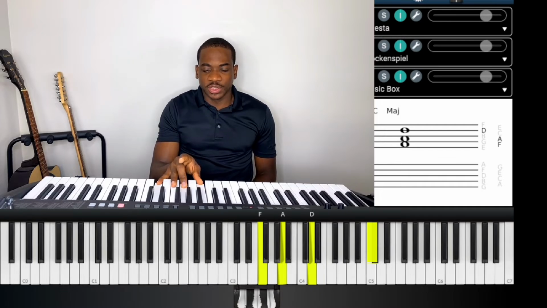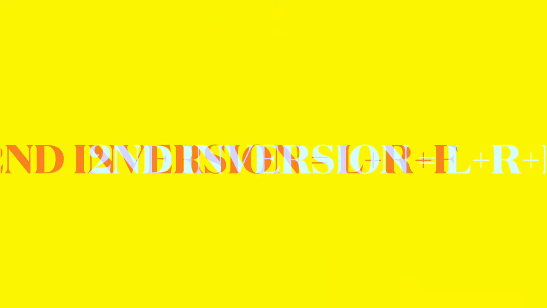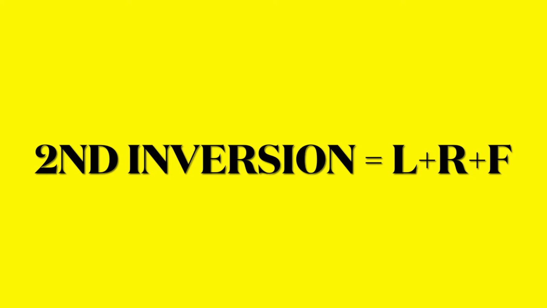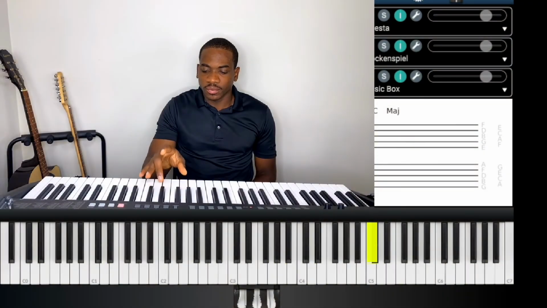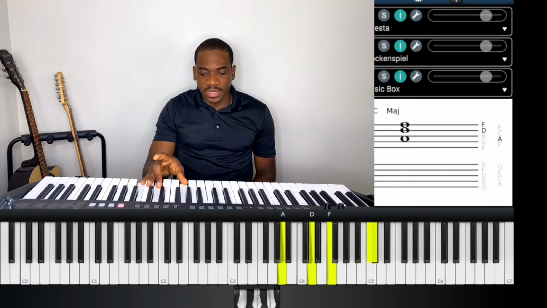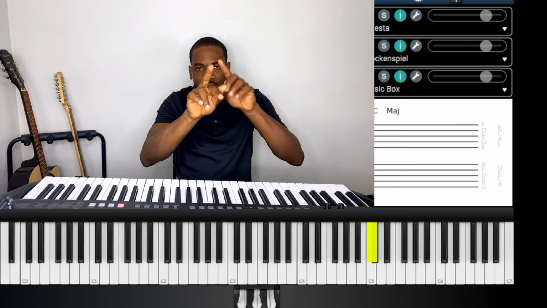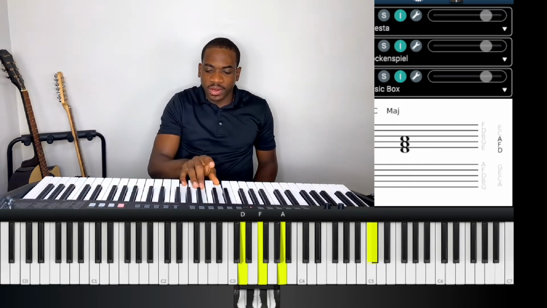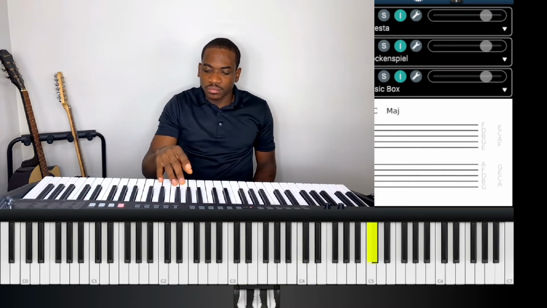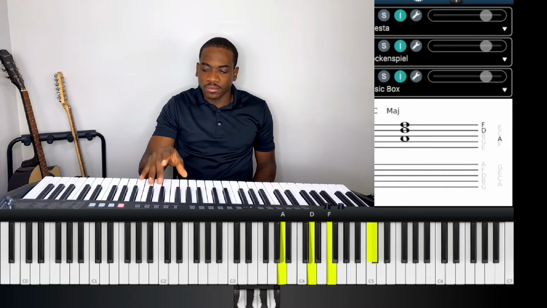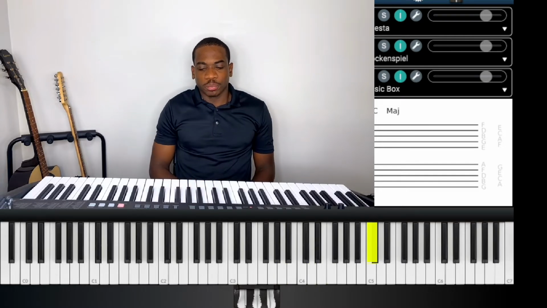And the second inversion, that's la re fa. Play this 50 times. So practice it 50 times with the right fingering. Use fingers 1, 3, 5. So re fa la. Practice that 50 times.